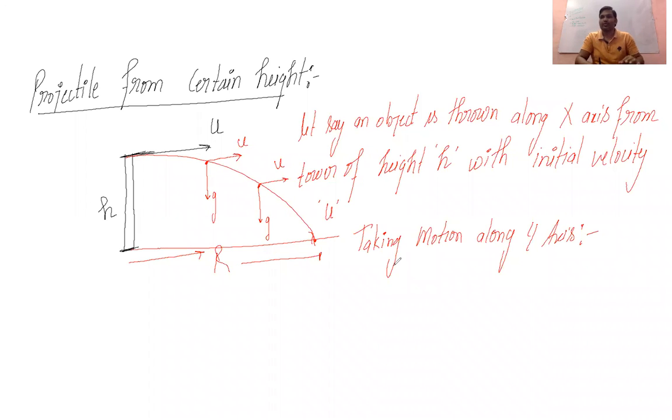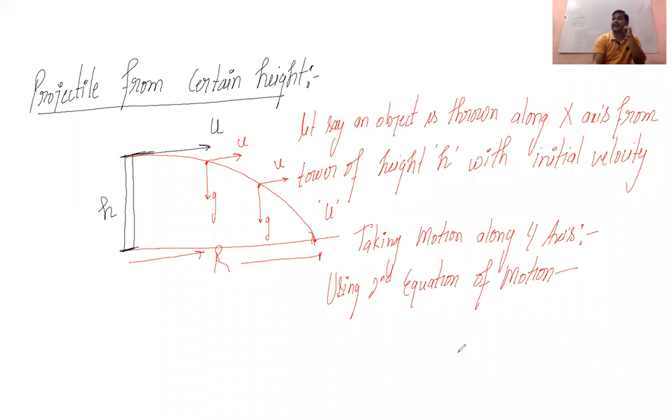So using the second equation of motion, what is the second equation of motion? It is ut plus half gt square. We are talking about motion along the y-axis.